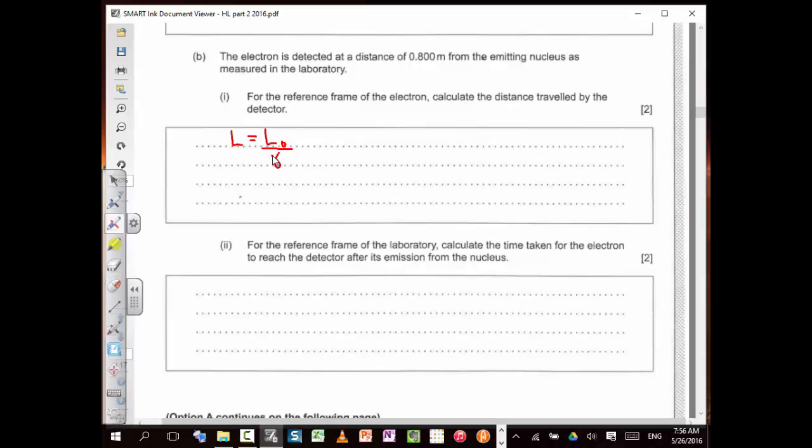And for the electron, we're going to get 0.8 divided by gamma, and v was 0.975. Let's just work out gamma over here. So gamma is equal to 1 over the square root of 1 minus v squared over c squared, which is equal to 4.5.